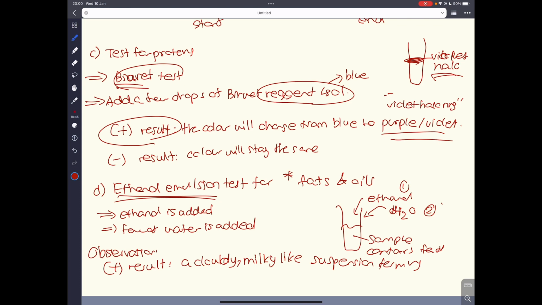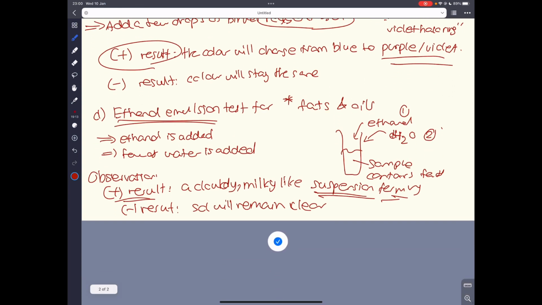This means that the positive result means that the fats and oils are present in the sample which you added. Right. If it's negative, then the solution will remain clear because obviously the fats are not going to react with ethanol, and therefore they will not form any suspension or precipitate looking.